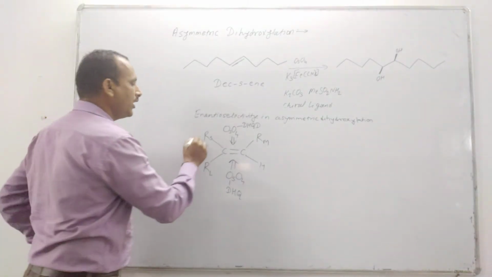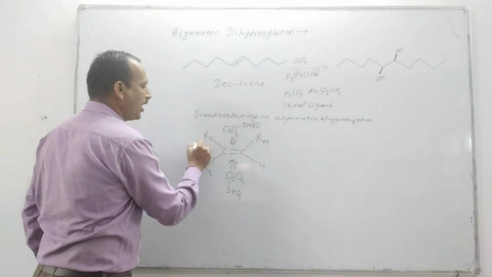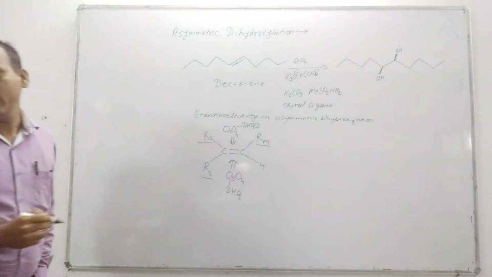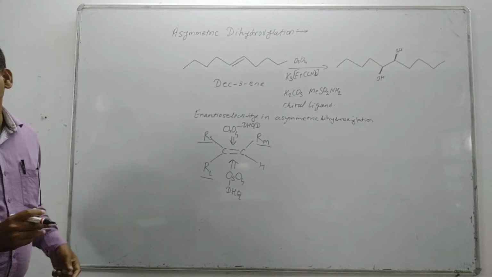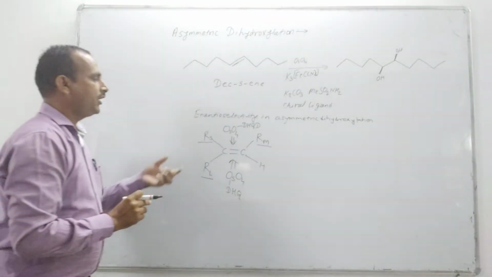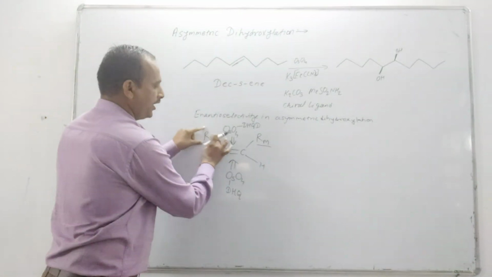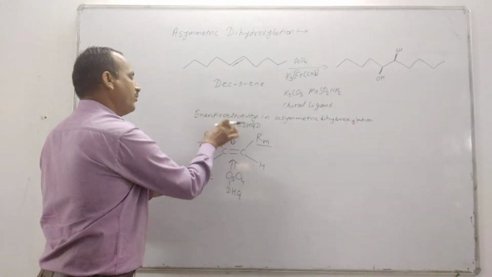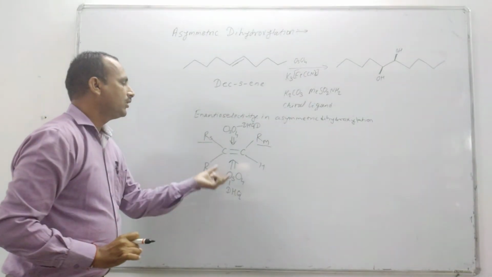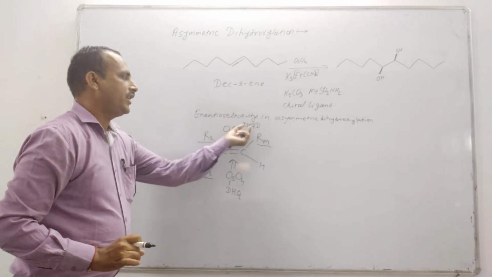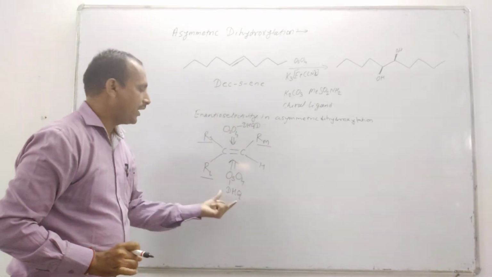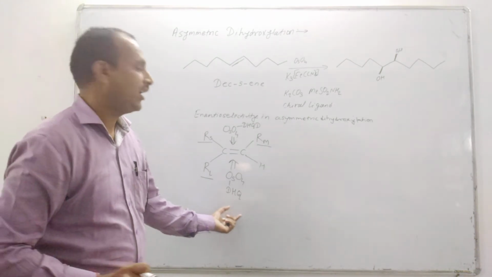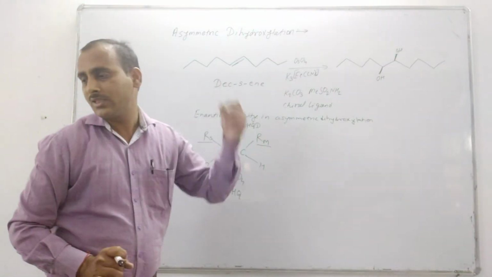So here is RS group, here is RM, and here is RL group. Then the steric hindrance, here is a less steric hindrance, here is also less steric hindrance, and therefore from this side, the osmium tetroxide DHQD attacks from the top face, and osmium tetroxide DHQ dihydroquinine attacks from the bottom face.